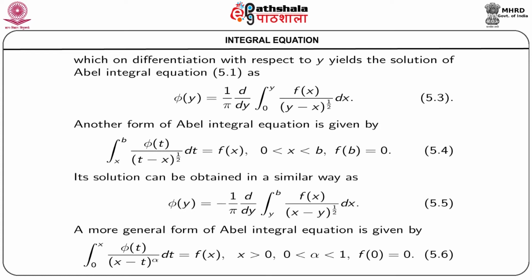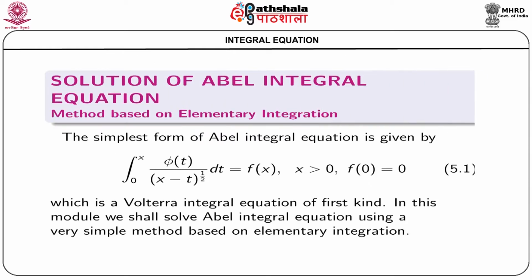Now, in equation 5.3, here phi y is the solution of Abel integral equation 5.1, where the upper range of integration is variable.